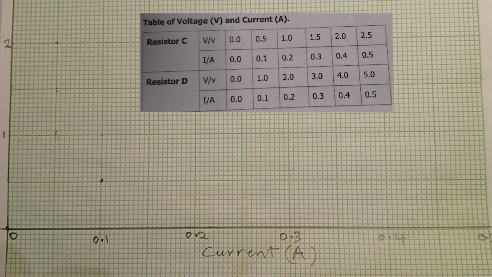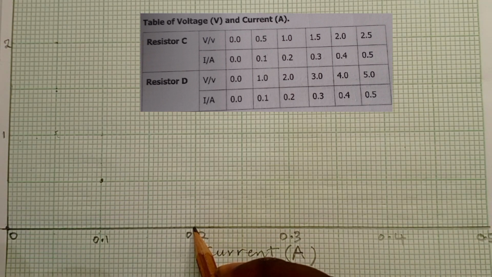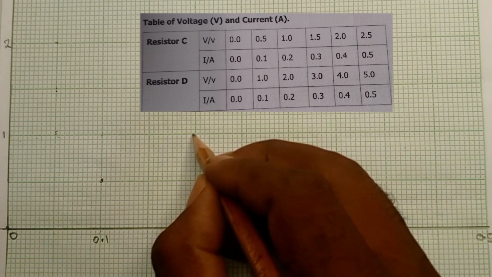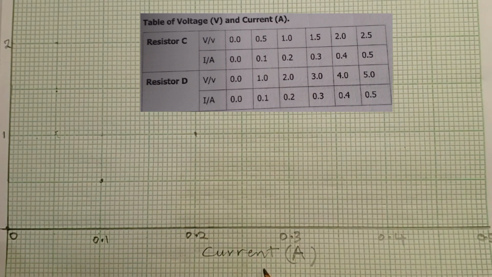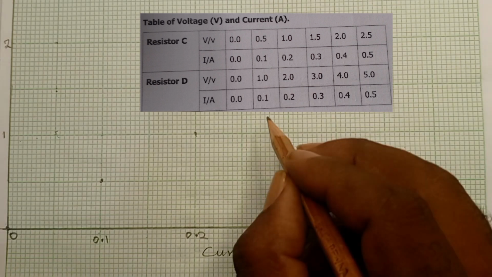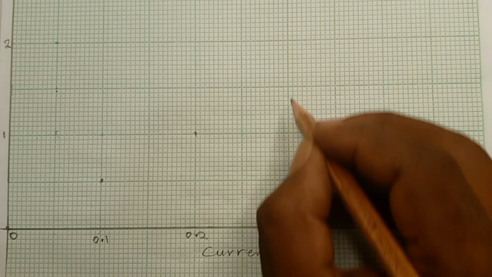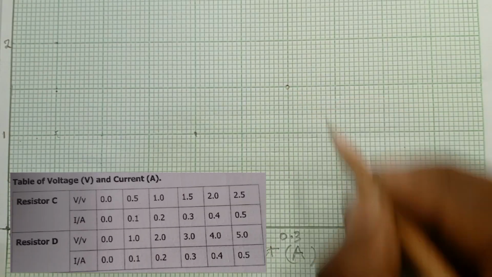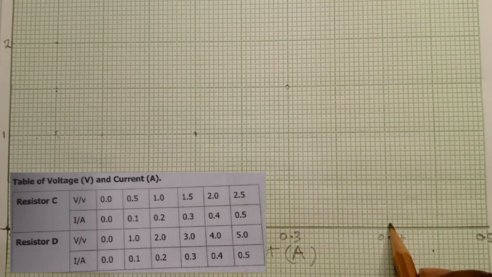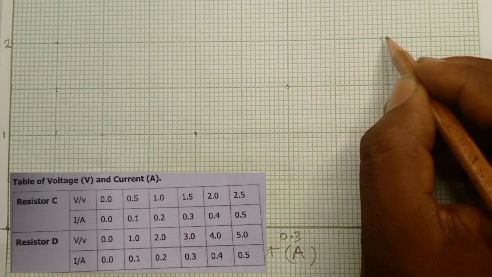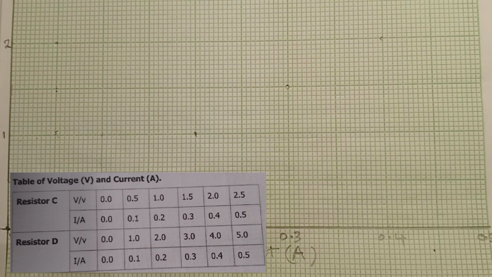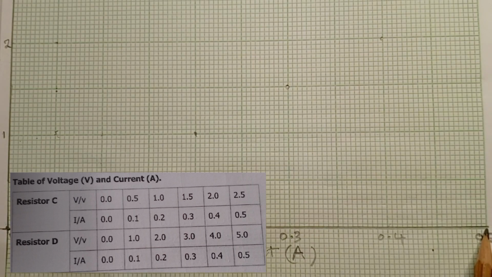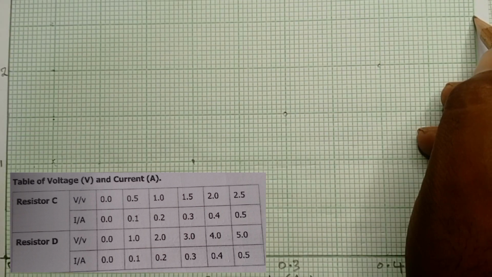Then 0.2, 1. Then we have 0.3, 1.5. Then we have 0.4, 2. Then we have 0.5, 2.5.